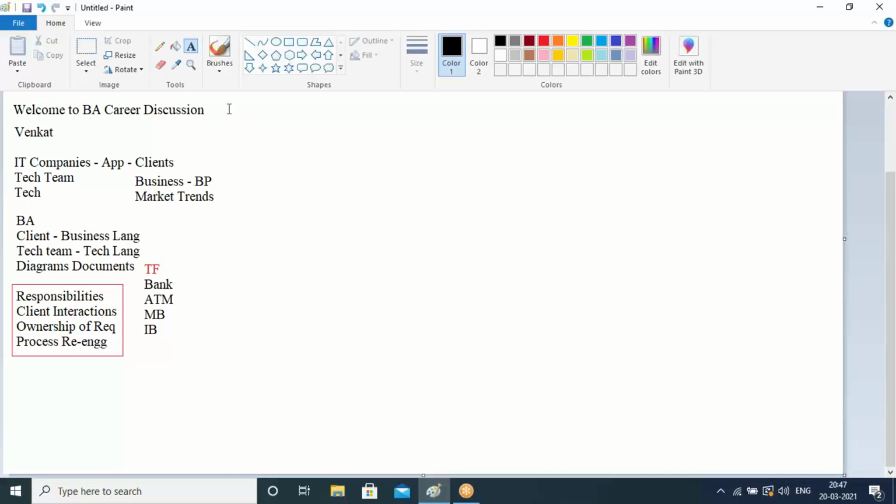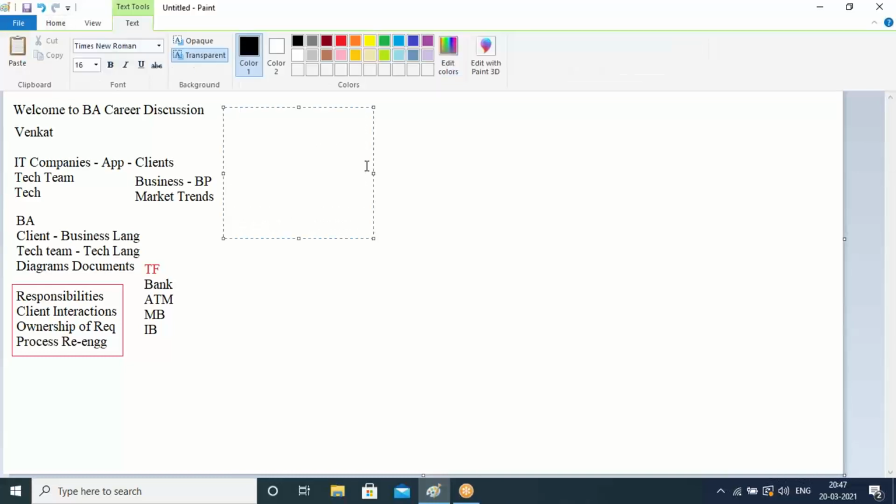Okay. Now, let us try to understand what we do in a project as a business analyst. Okay. Initially, we go and gather requirements from the clients. Now, while gathering requirements, we use elicitation techniques. Elicitation techniques are like brainstorming, document analysis, reverse engineering, focus groups, like that.